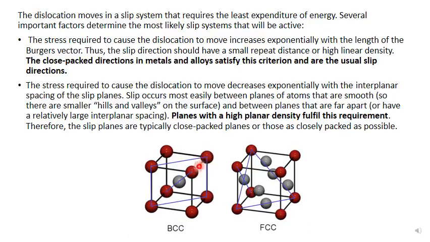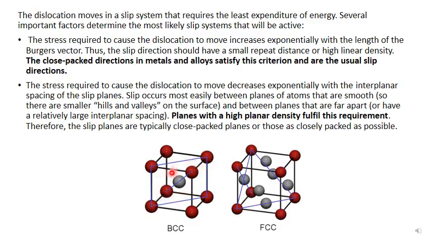For BCC, the direction 111 is the highest linear density direction, because it has these atoms on it. It is more dense than this direction, 101, or this direction, 011, or even this direction, 100.